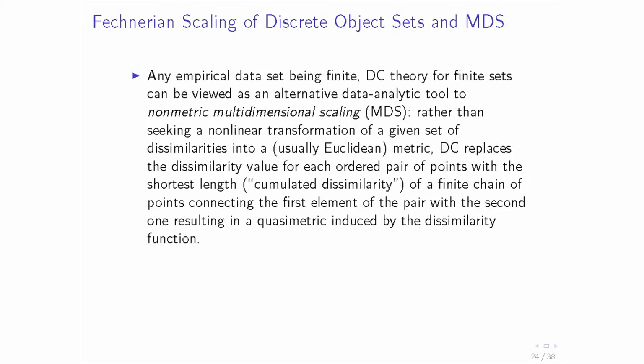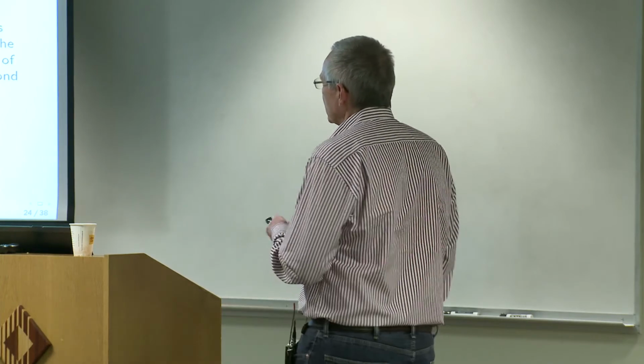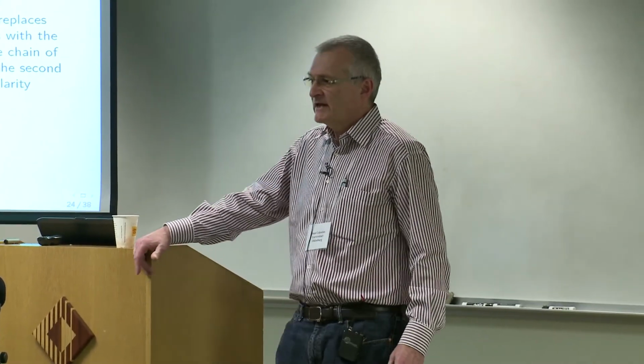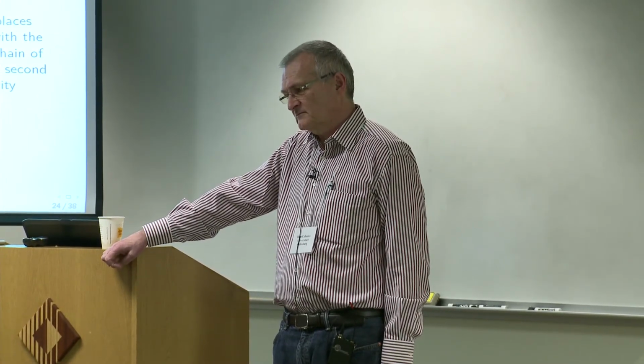But that's not really where the difference lies, because it's what you do with the quasimetric. In which space do you embed it? Well, what we get here is just a Fechnerian distance. Granted, it's just a metric, but still, in the case of multidimensional scaling, the next step, once you have an order on pairs, is to embed that in a multidimensional space.